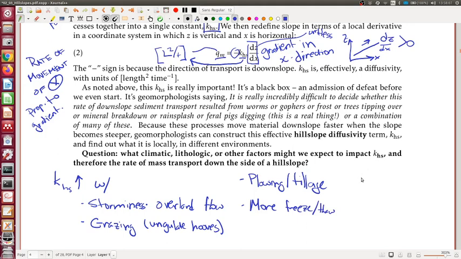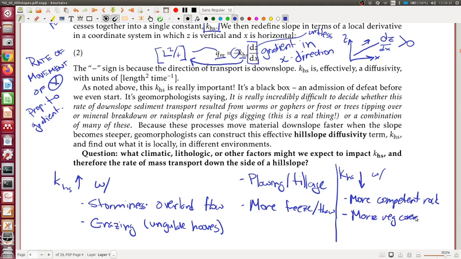And perhaps it's going to go down with more competent rock. Maybe it's going to go down as we have more vegetation cover.